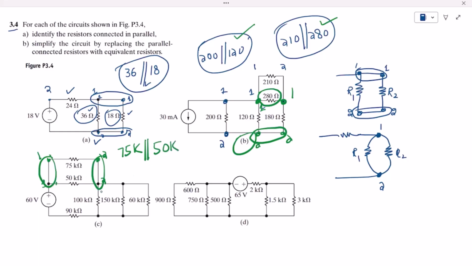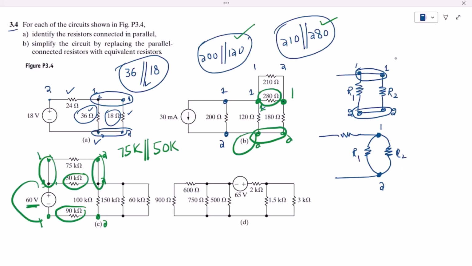Okay, you can see it very clearly. Similarly here this 90k and this 50k, you can see that this is the first end, this is the first end, this is the second end of this 90k, but here this one is not directly connected with this other one because of this 60 volt source, and therefore these two are not in parallel with each other.